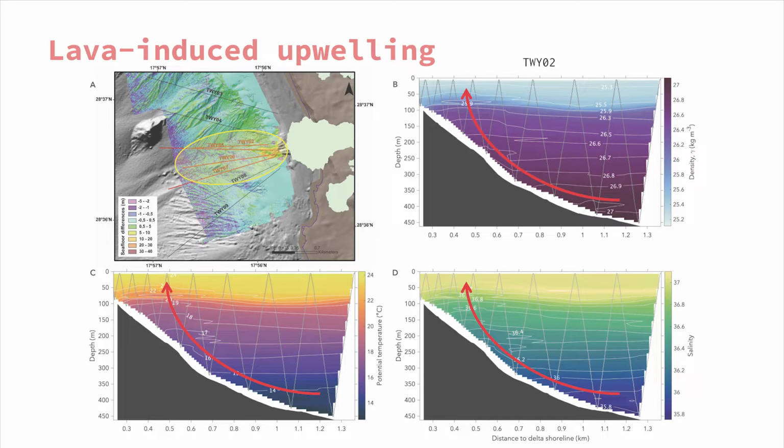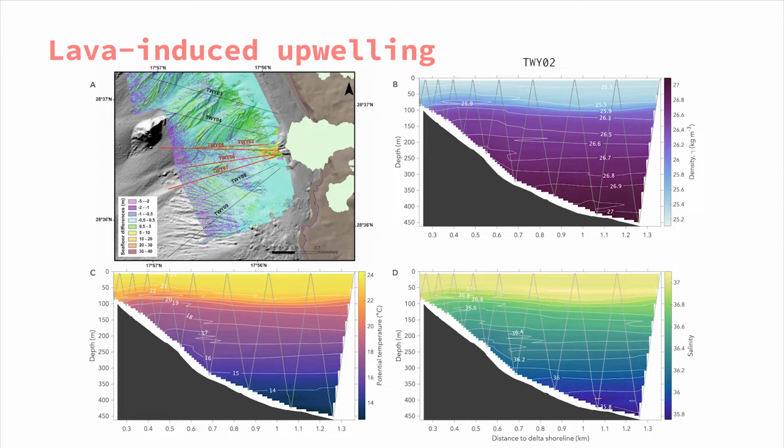This effect was observed in all these Tobios that I highlight here, but not in these ones. This coincides perfectly with the map underneath, which is a map of bathymetric differences between before and after the eruption or the lava arrival.